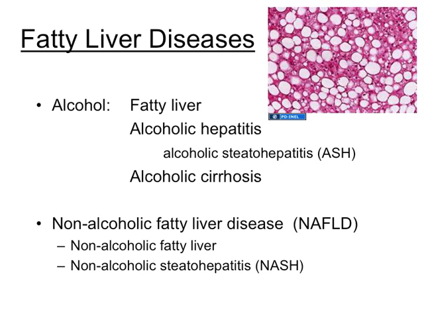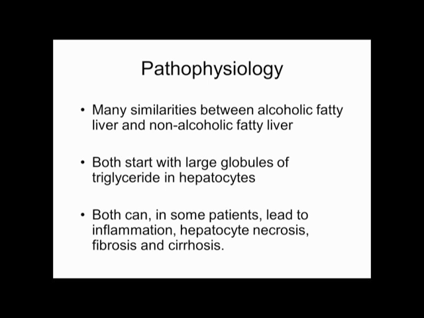Fatty liver diseases, we've talked about. Alcohol can do it, and fatty liver from insulin resistance. And there's a fatty liver picture. The pathophysiologies of these are very similar because they start with lots of triglyceride. In each case, some patients can develop a fatty liver hepatitis, where you get damage to hepatocytes, swelling, inflammation, and eventually they can develop fibrosis and cirrhosis. So we have alcoholic liver disease.